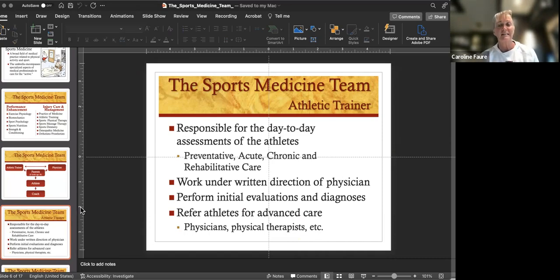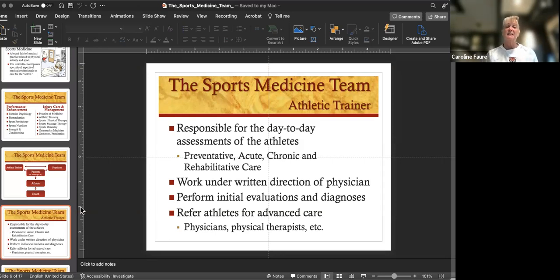So I'm going to kind of skip through some of this, but about 40%, 45% of high schools in the country have access to an athletic trainer. And many of you, most of you know what these people do. They're highly qualified healthcare professionals who work in the sports setting. They are responsible for the day-to-day care of the student athlete. So that can be some preventative things.